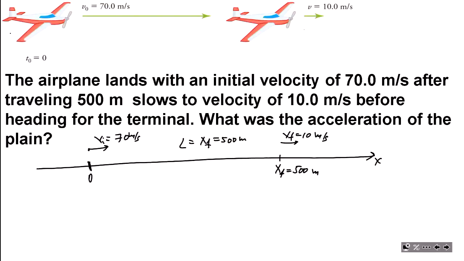Anyway, first we have to make a statement about the nature of this situation. And the nature of the situation is motion with constant acceleration. So what do we know about motion with constant acceleration? Short answer, everything.